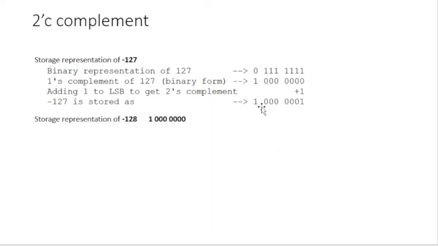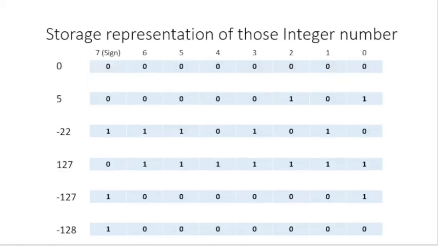Now if you see, we still have room for one more number. If we make this bit 0, that would become the 2's complement representation of minus 128. So that is the storage representation of minus 128. And that's how for all the negative numbers, there is one more than the positive numbers. Now if I see the table again, positive numbers are stored as before, but whenever it is a negative number, it is stored using the 2's complement method.